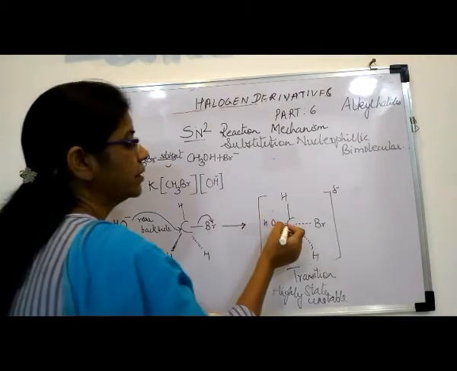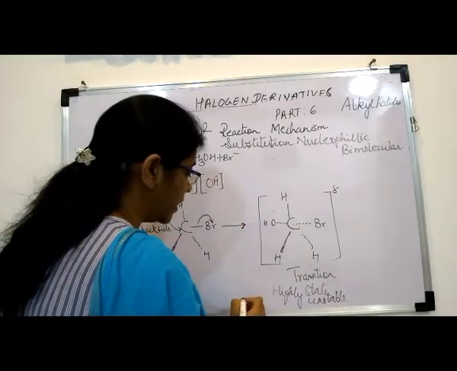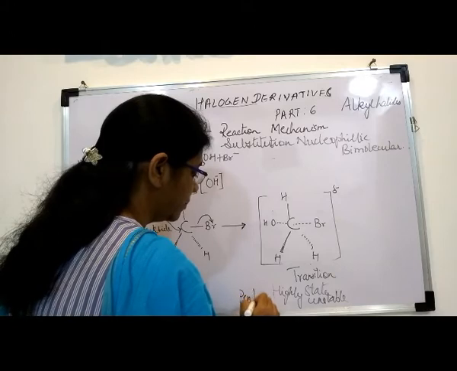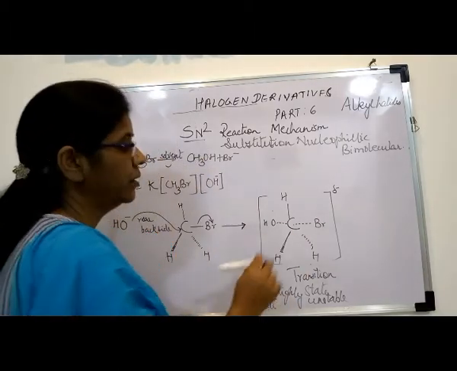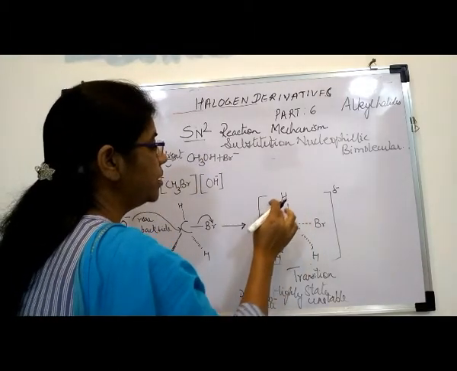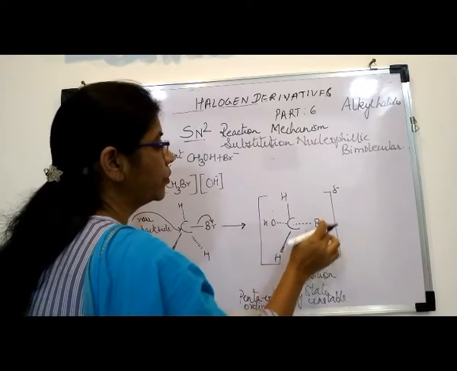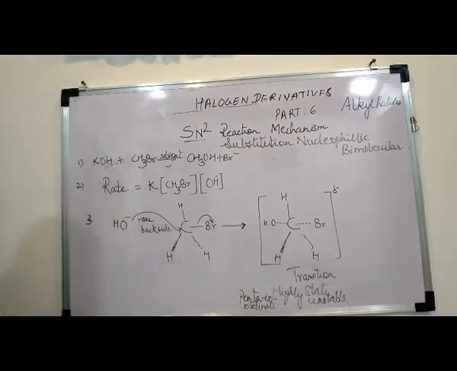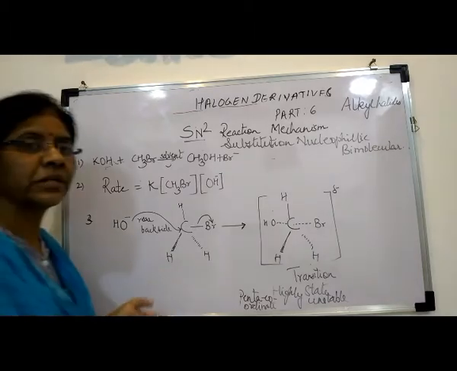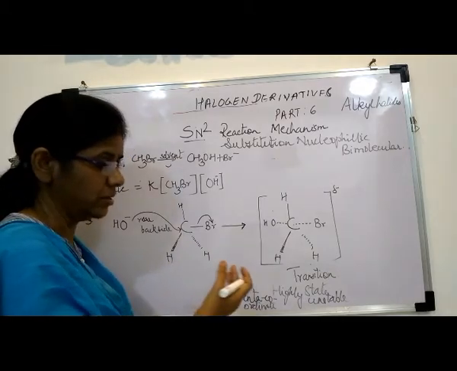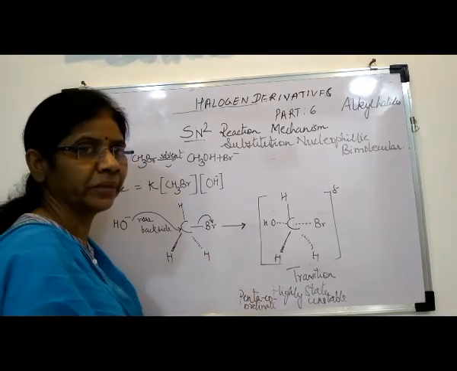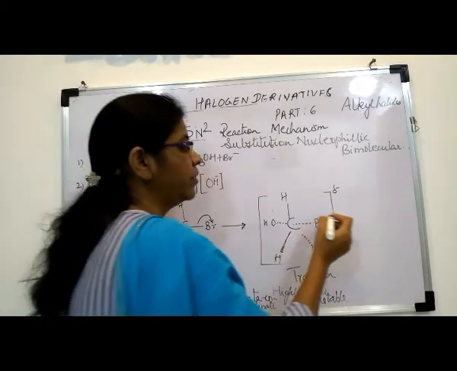In this condition, the carbon is pentacoordinate. What does that mean? Carbon is attached to 1, 2, 3, 4, 5. Is that possible? Carbon having valency 5? No, because carbon is always tetravalent and this condition should not exist.